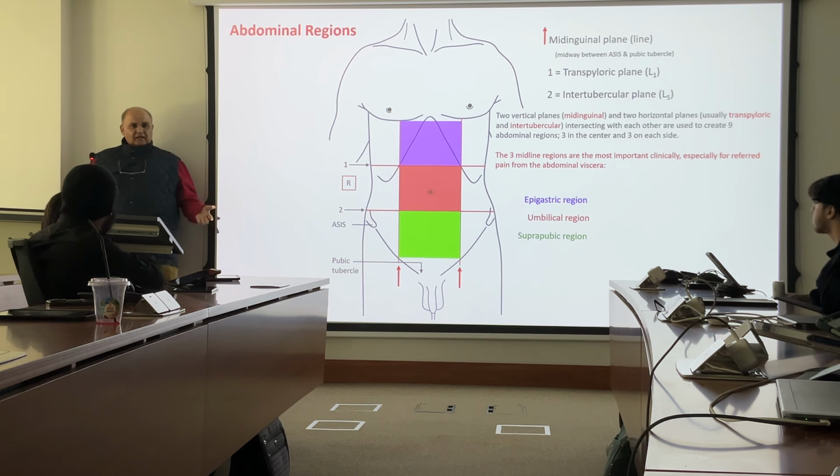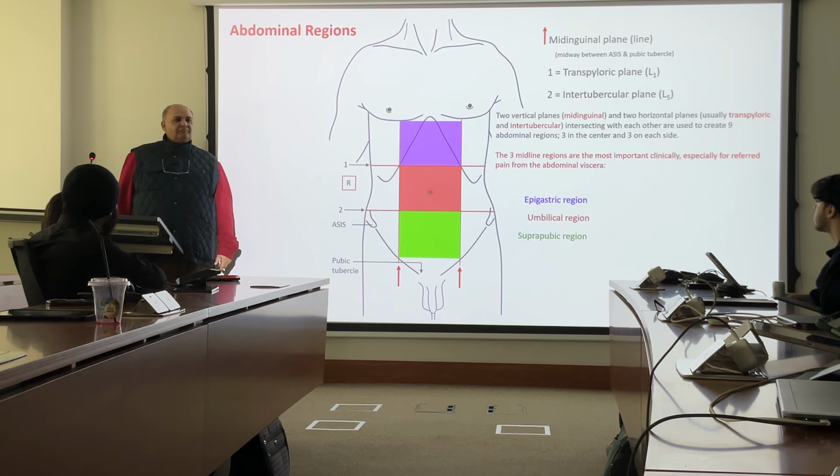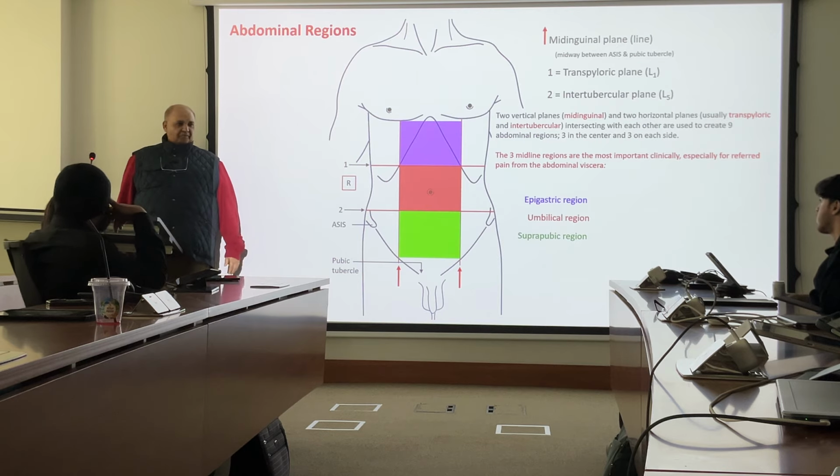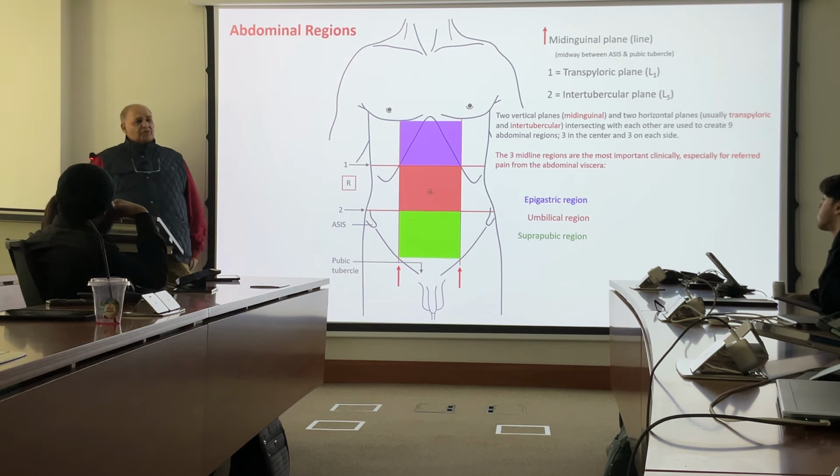Right? Level up. We all know who lives in the epigastrium. We all know who lives in the umbilical region. We all know who lives in the suprapubic or hypogastric region. But still we need to memorize a lot. Don't we need to know more about it?